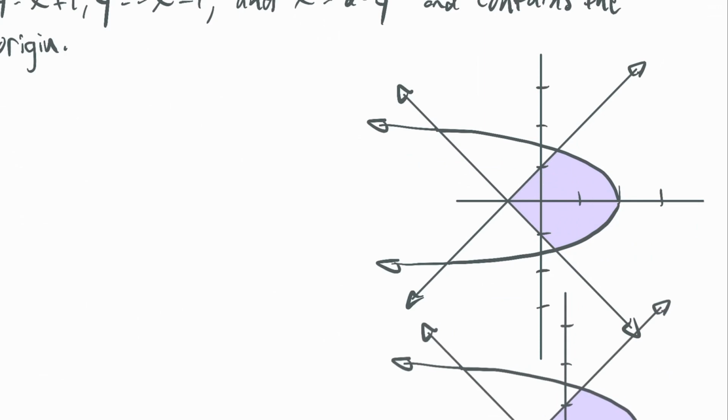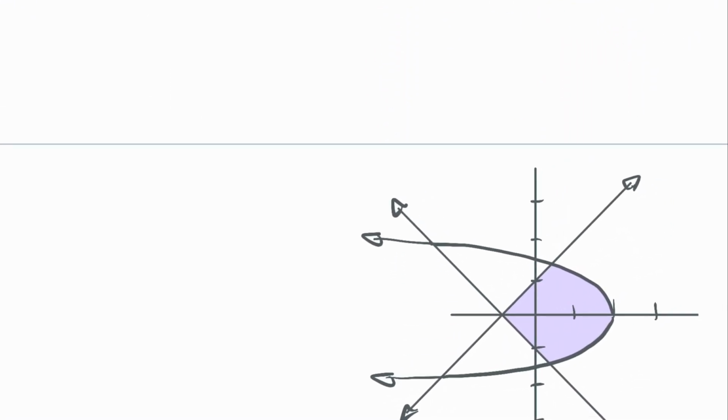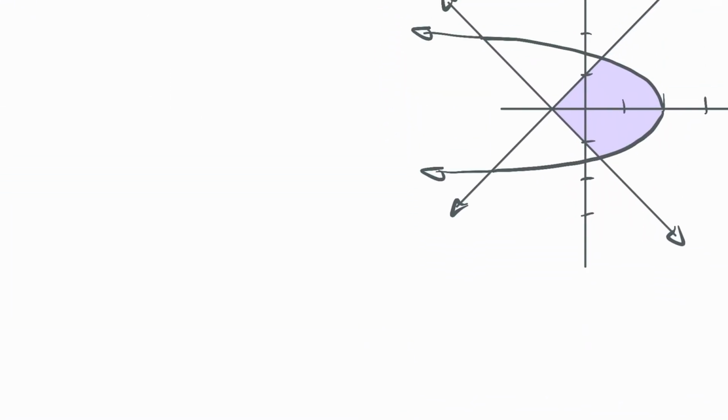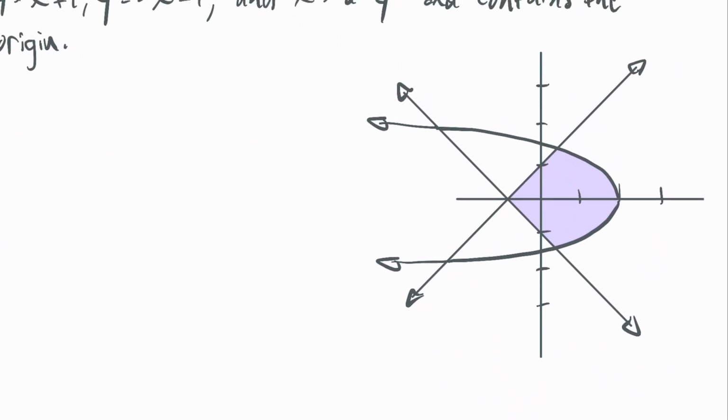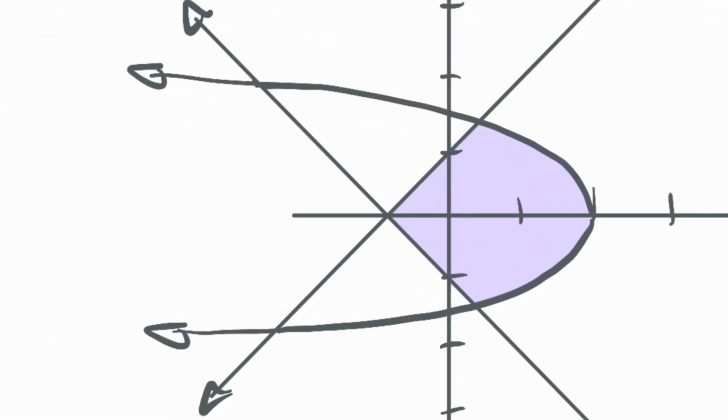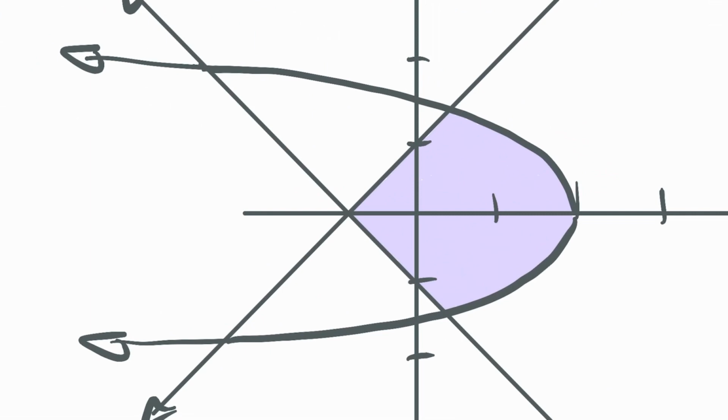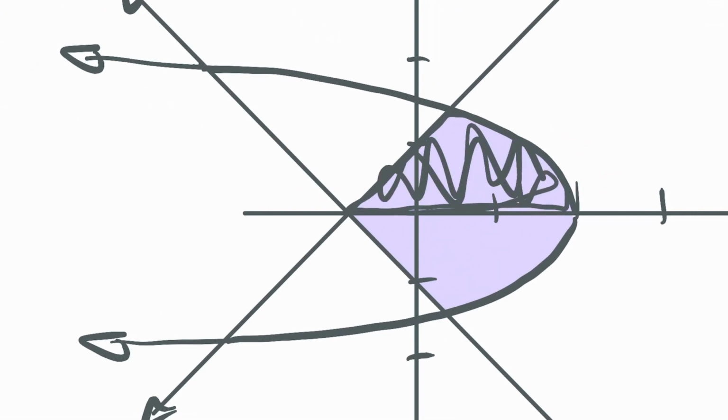That took a while to draw, so I'm just going to save a copy down there. You might also notice, and I think this is what we're going to utilize, that this top half is identical to this bottom half. The one's a mirror image of the other, right?